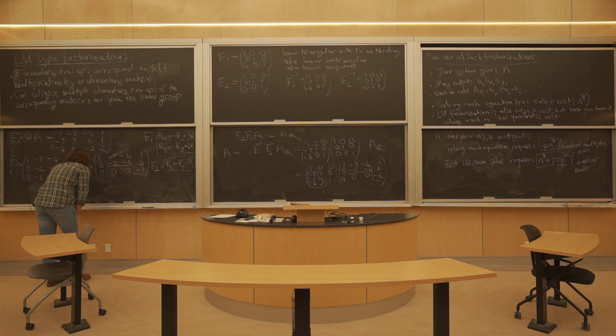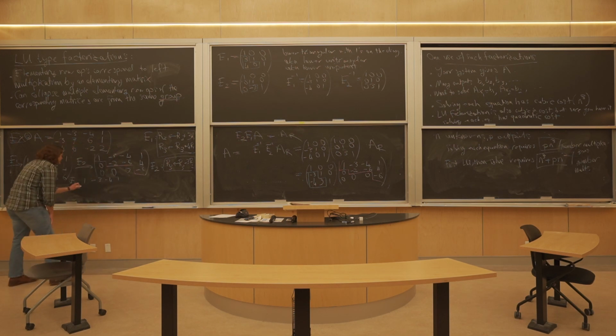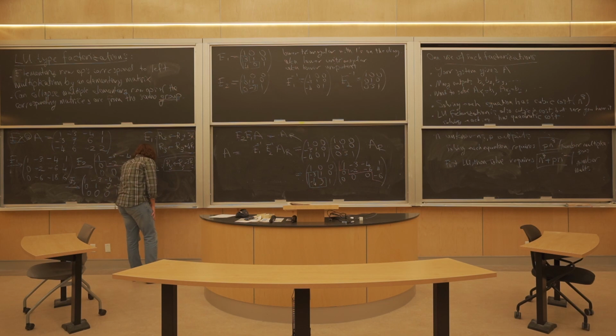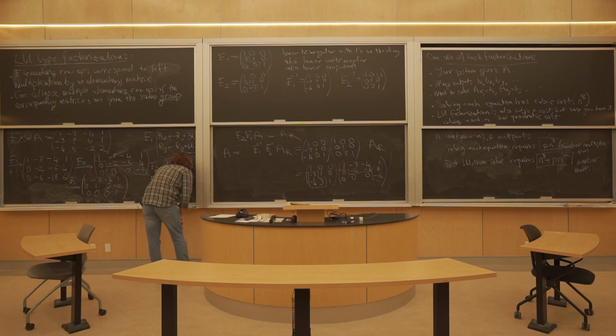So now I have 1, 0, 0, 0, minus 1 over 2, 0, 0, 0, minus 1 over 6. Okay? So E3 does the following: replace the second row by minus 1 over 2 times row 2, and replace row 3 by minus 1 over 6 times row 3.